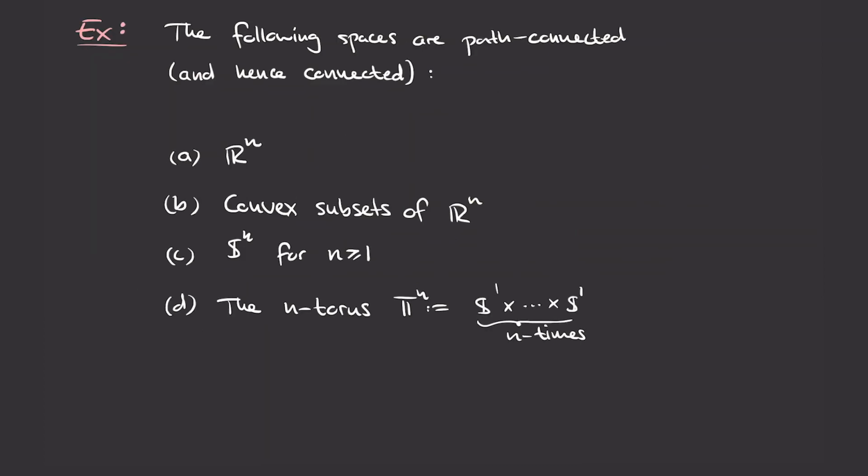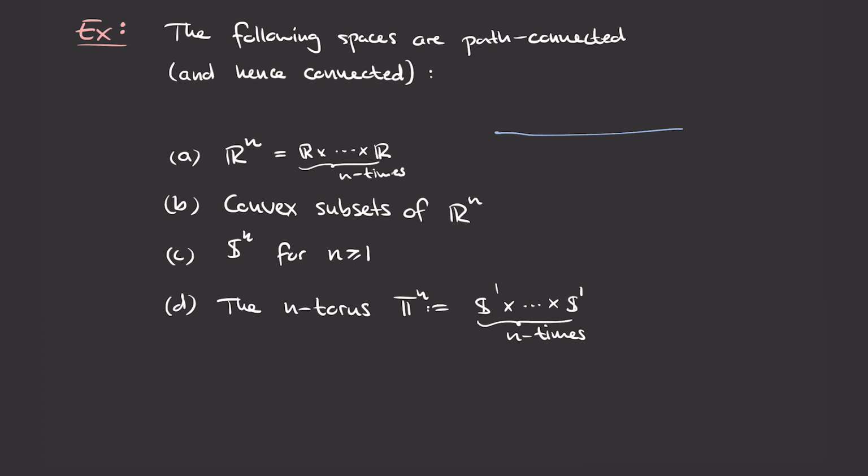Okay, so the following spaces are path connected, and hence in particular they're also connected. So the first example of a path connected space is R^n. Why is this? Well, R^n is the finite product of copies of the real line. So this is just R times R and so on, n times. And it's pretty easy to see that R is path connected.